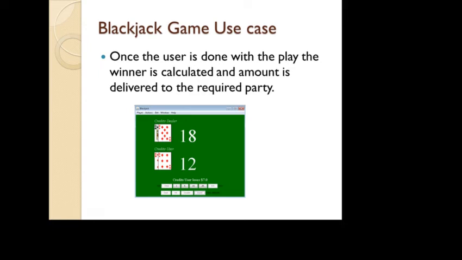If the dealer wins, the generator of the smart contract, which is going to be me, will get credited with that amount. Whereas if the user wins, the amount is going to be transferred from the dealer's account into the user's. The smart contract will also ensure that the dealer's account has the required funds available.